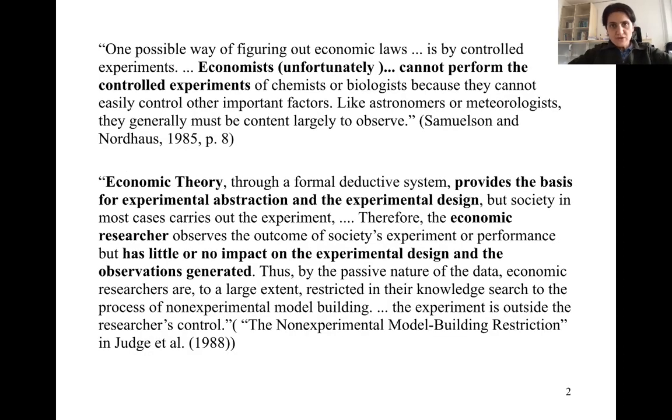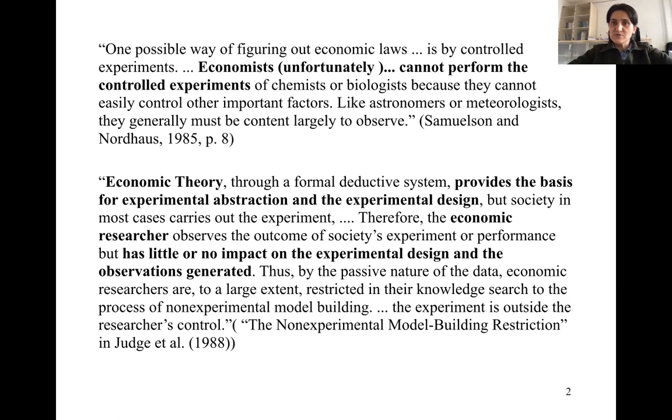So one possible way of figuring out economic laws is controlled experiments. Economists cannot perform the control. This was said in 1985. By then they assumed that economists cannot perform controlled experiments like chemists or biologists, because they cannot easily control other important factors.